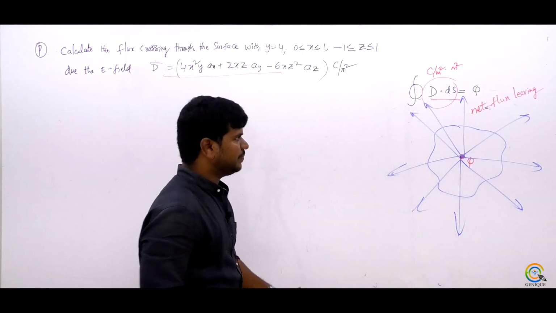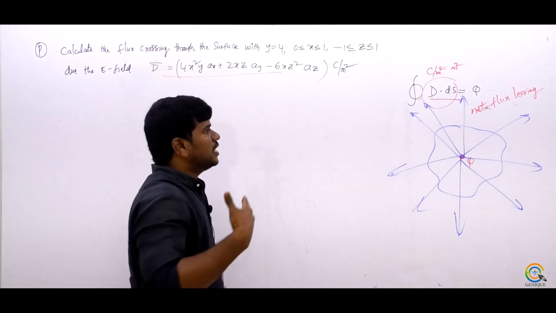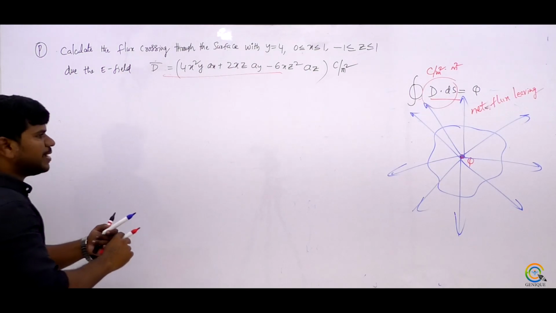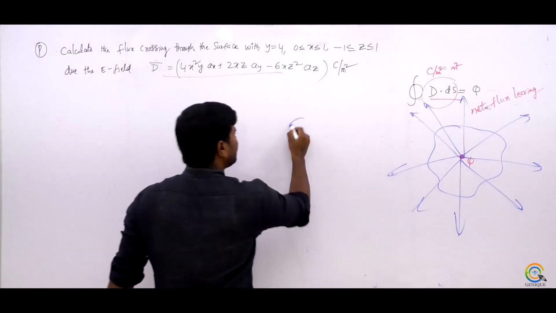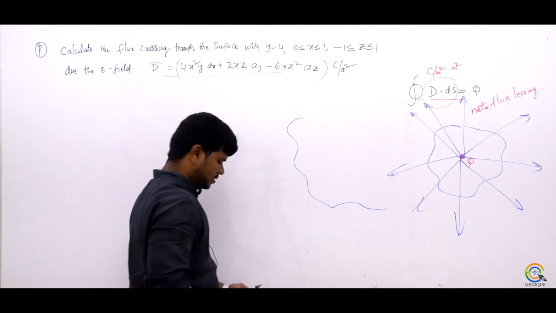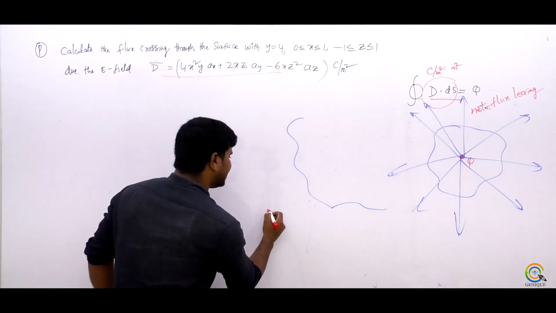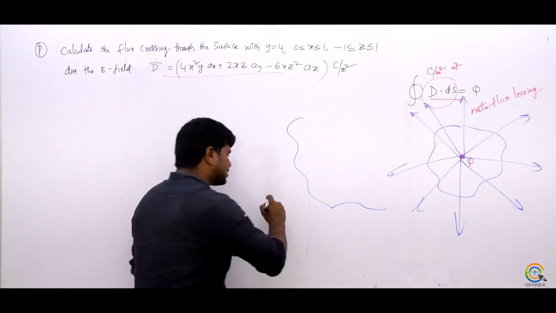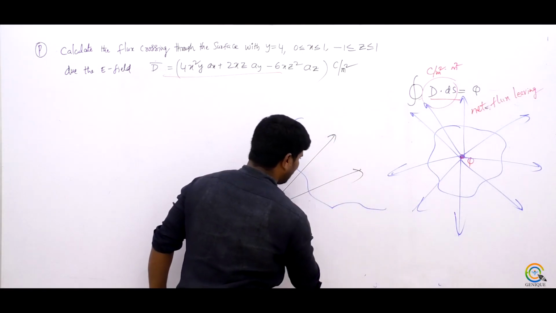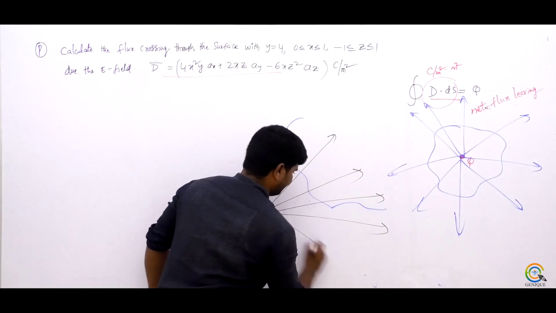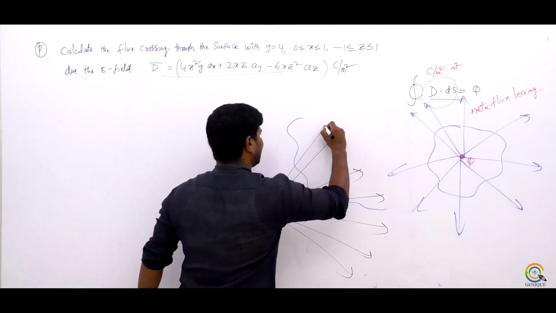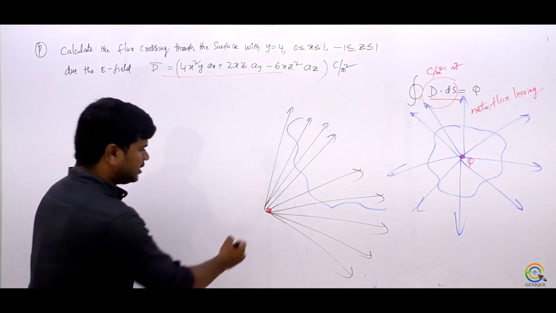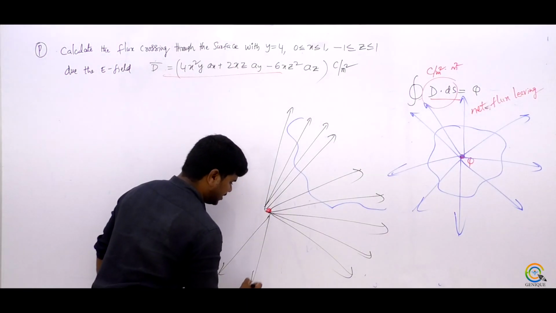So what is meant by flux crossing? Suppose you take an open surface like this, and you take a point charge here. We know the electric field will be in all directions, and some electric field will come in this direction also.